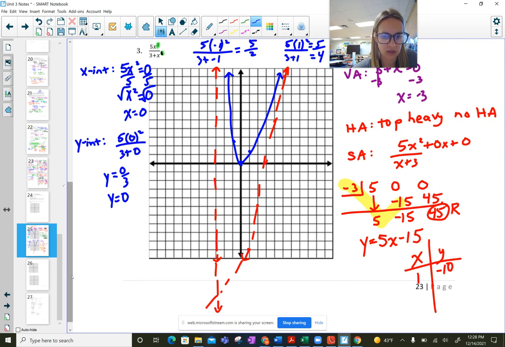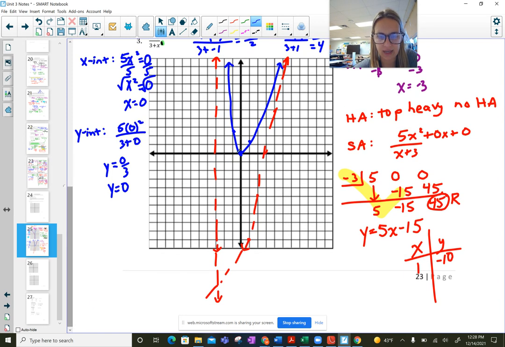So if I plugged in like negative 4 squared, times 5, divided by 3 plus negative 4, I don't even know what that is. Let's see. Is 80 over negative 1. Yeah, so this ends up being somewhere down here.